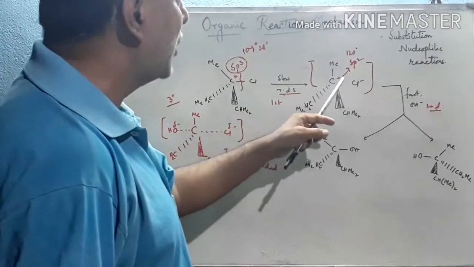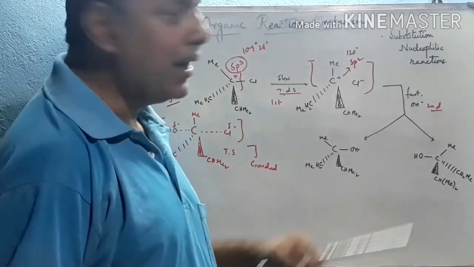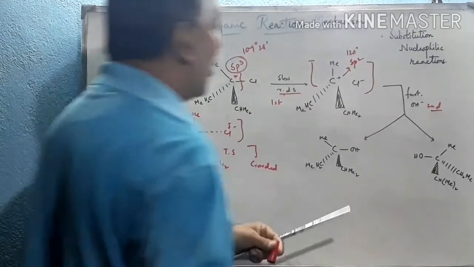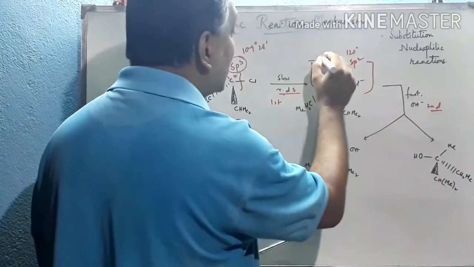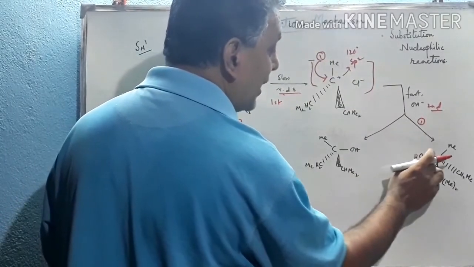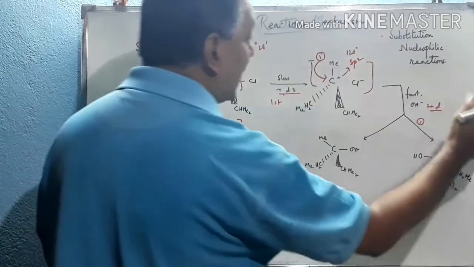Now after the formation of the carbocation, OH minus, which acts as a nucleophile here, comes into the reaction. Suppose this is the first side: OH minus approaches from this side and total inversion occurs to the right hand side.